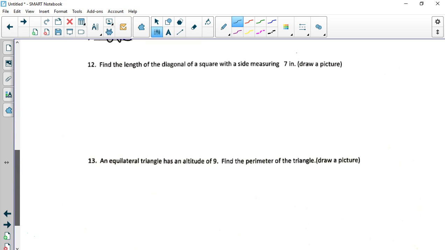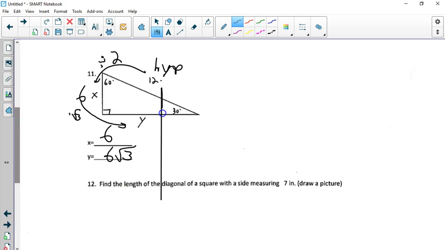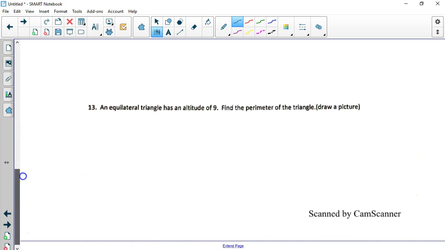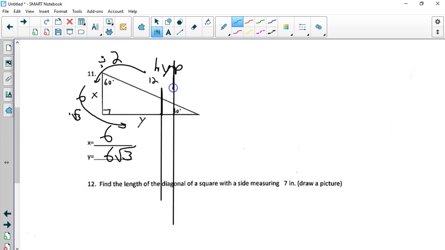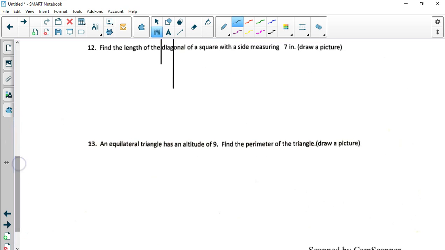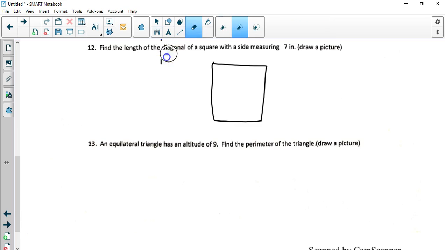All right. Find the length of a diagonal of a square, the side measuring 7. Let's try this again. Let's try going that way first. Beautiful. Not the best square, but have to do. So 7 all around, right?